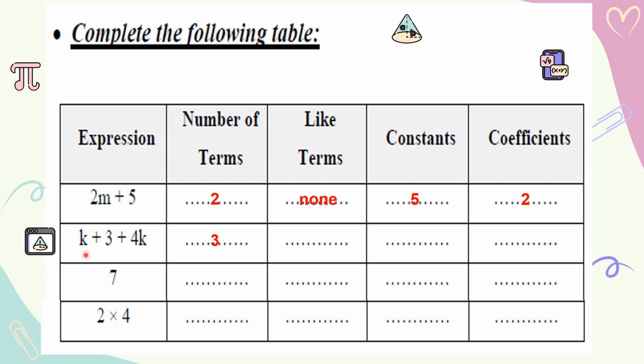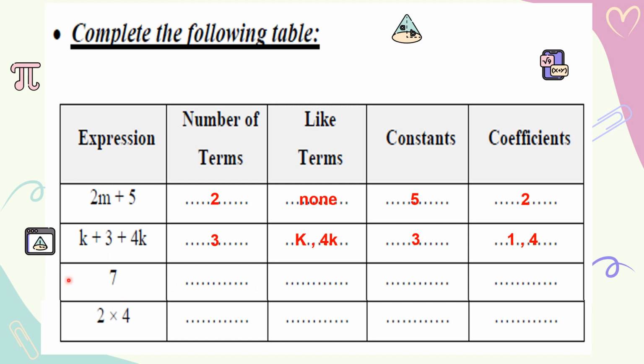So here we have k and 4k, the same variable. The constant is the number without a variable, which is 3. The coefficient is the number which is multiplied by the variable. We have k, which means 1 times k, so 1, and 4k, which means 4 times k, so the coefficients here will be 1 and 4.